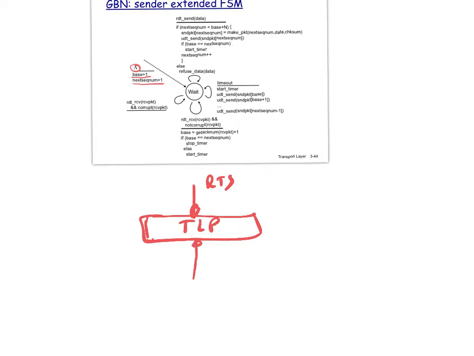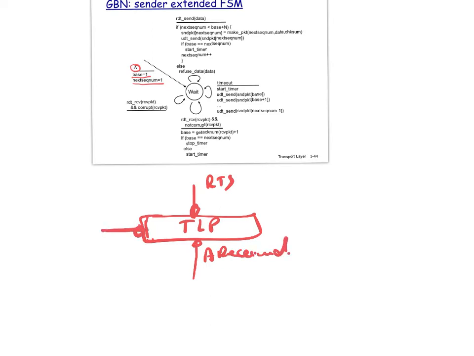And we have an event that comes from the network layer for the kind of packet I receive, which is acknowledgement received.